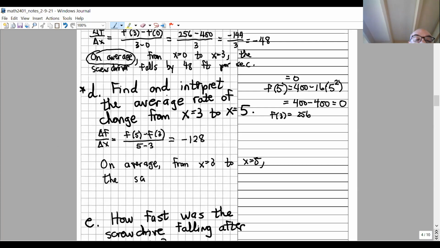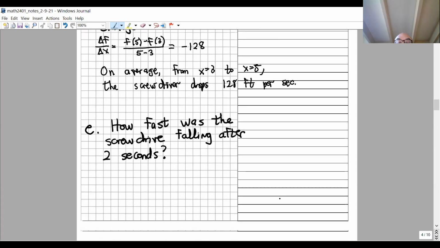The screwdriver drops 128 feet per second. So it's dropping much more rapidly from the 3rd second to the 5th second than it was initially, from second 0 to second 3.